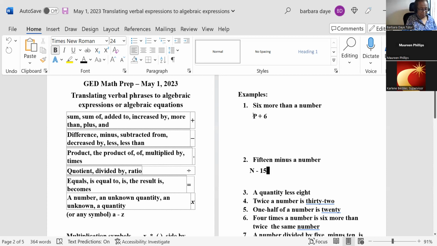That would be turned the other way. But six more than a number means you take the variable for the number and you add six. The six more than means six is added to something. So that's why you put the six here. If you did it the other way, it wouldn't be six more than a number.